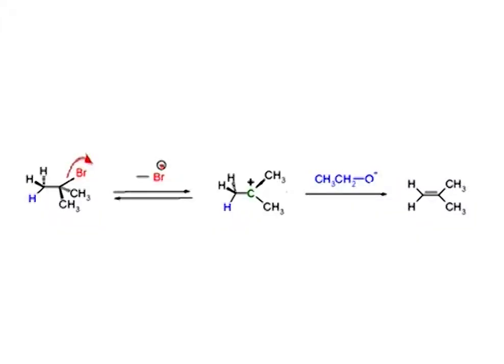In the first slow rate determining step, the leaving group is eliminated along with the bonding electron pair to generate a carbocation intermediate. In the second step, a base abstracts a proton from the carbon atom adjacent to the cationic carbon, referred to as beta hydrogen, and a new pi bond is formed between the two carbon atoms.